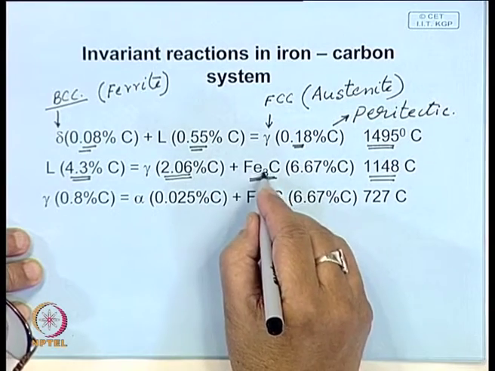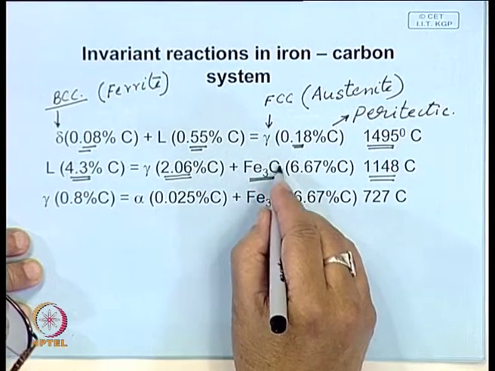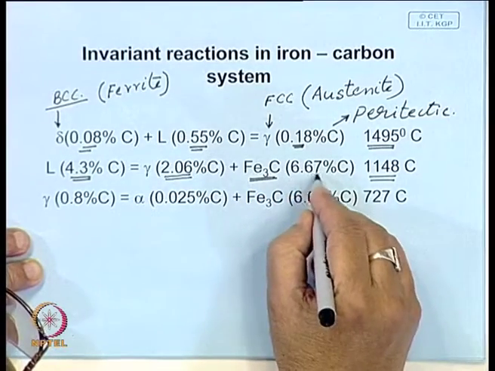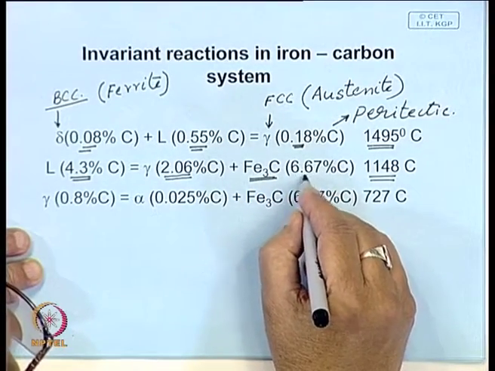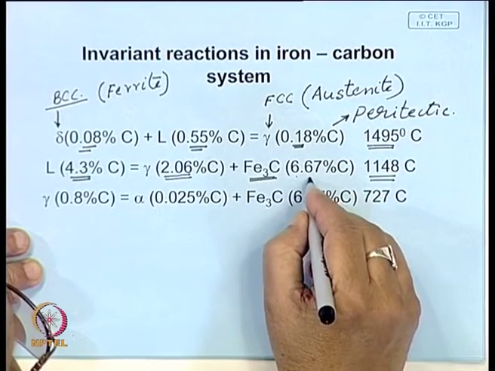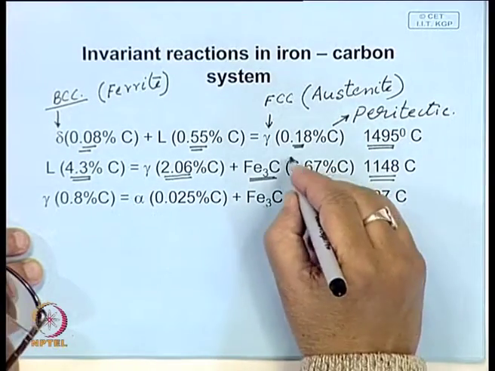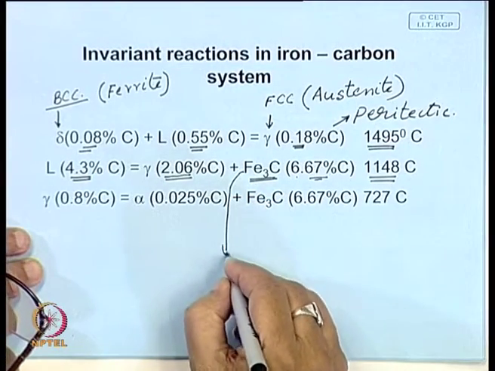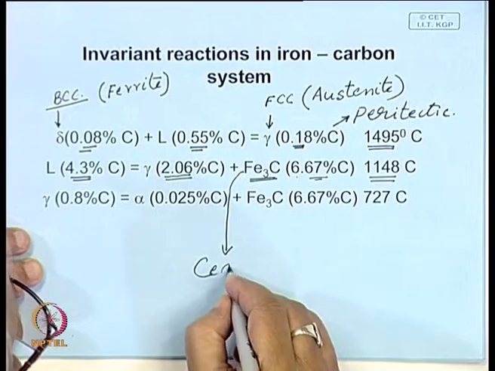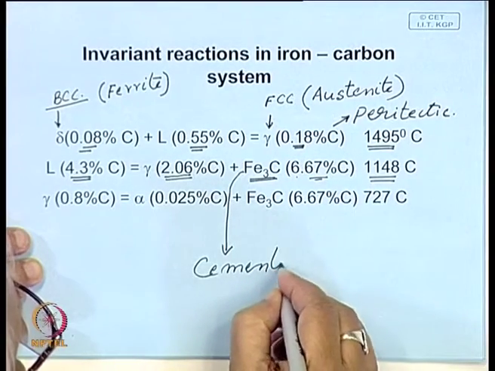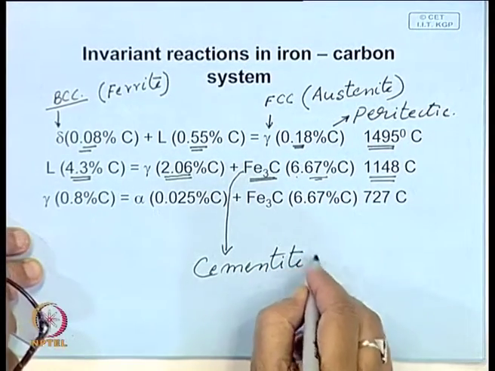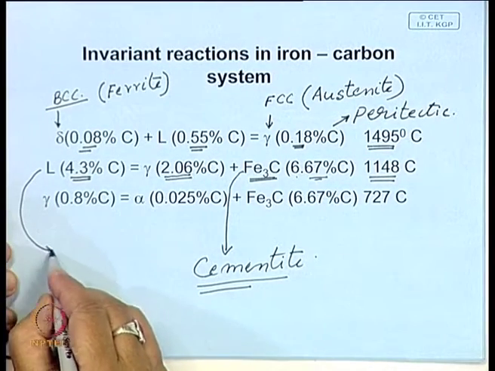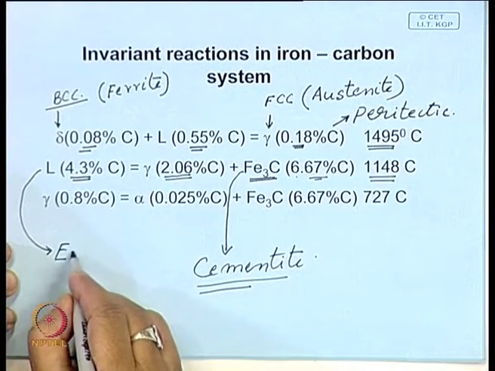So, 3 atoms of iron and 1 atom of carbon, Fe3C. The carbon content comes out to be 6.67% carbon, and this is called cementite, and this reaction is the eutectic reaction.